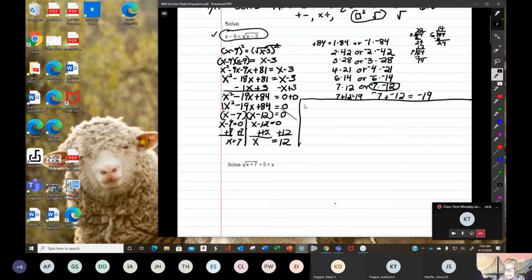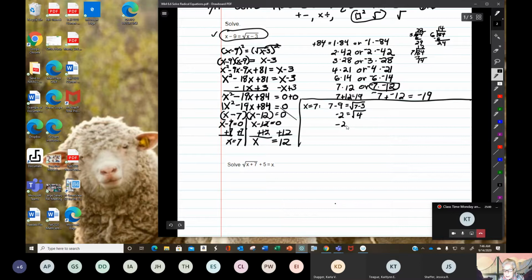Okay, so we can let x equal 7. I'll have 7 minus 9 equals the square root of 7 minus 3. 7 minus 9 is negative 2. This is the square root of 7 minus 3, which is 4.